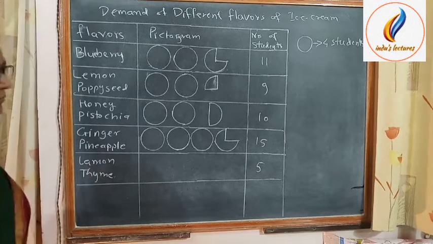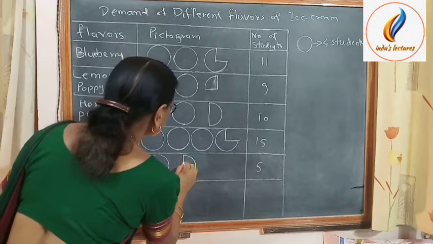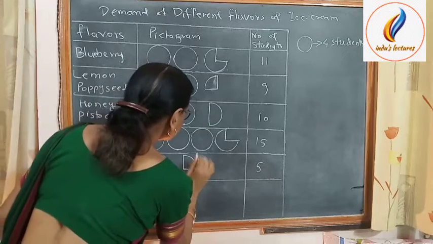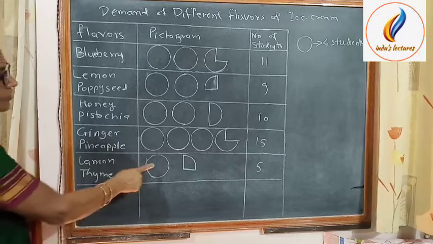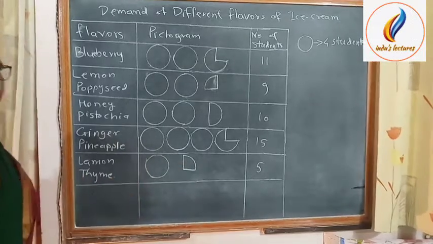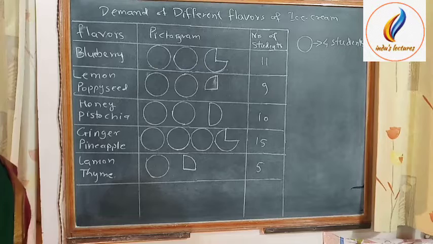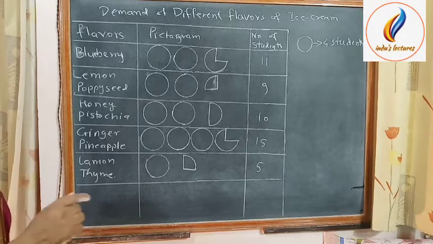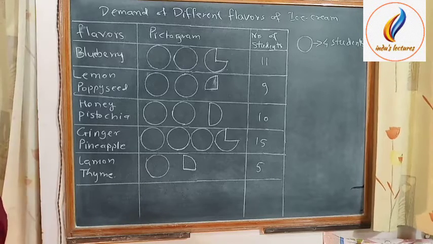And for lemon thyme, the frequency is 5, so 4 plus 1. Here we have used the fraction of a symbol for presenting the fraction of frequencies.